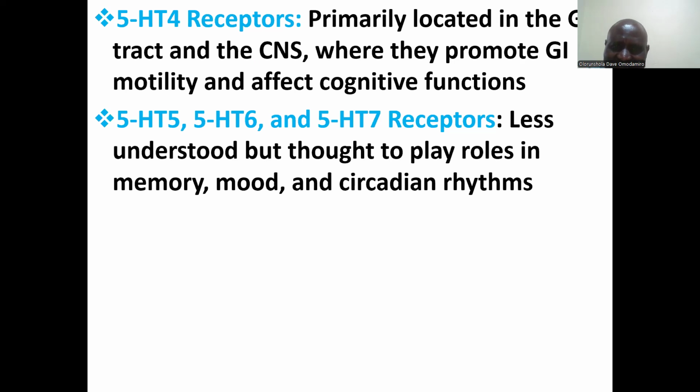5-HT5, 5-HT6, and 5-HT7 receptors are less understood, but thought to play a role in memory, mood, and circadian rhythm.